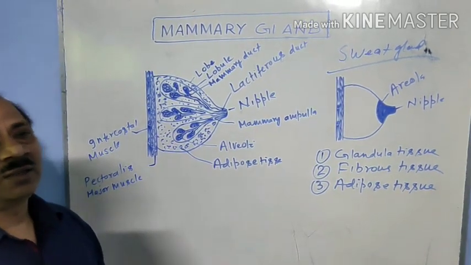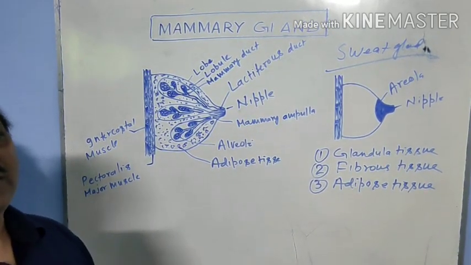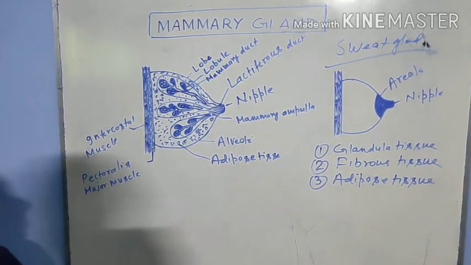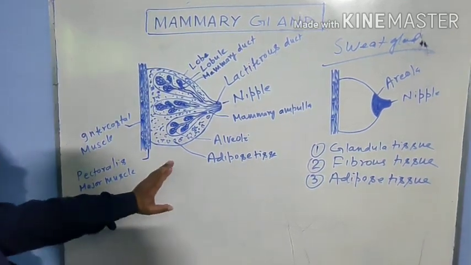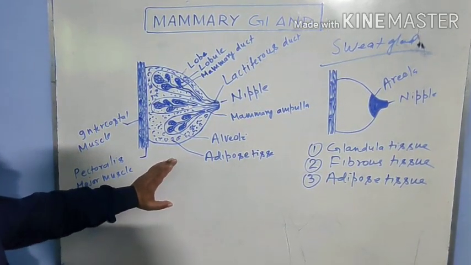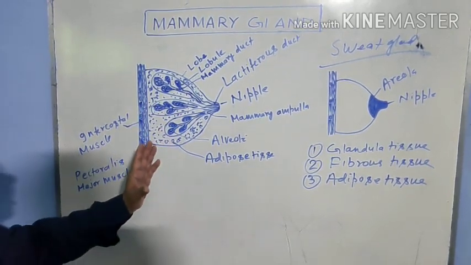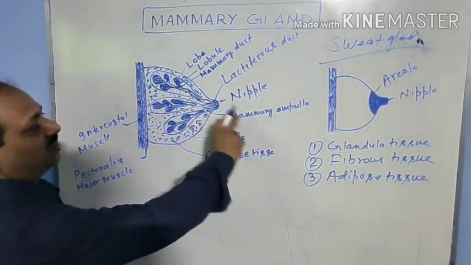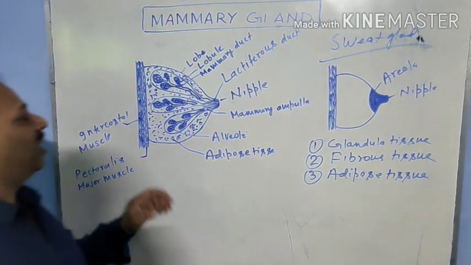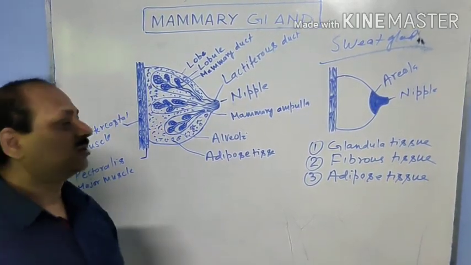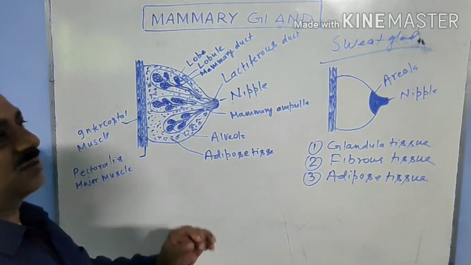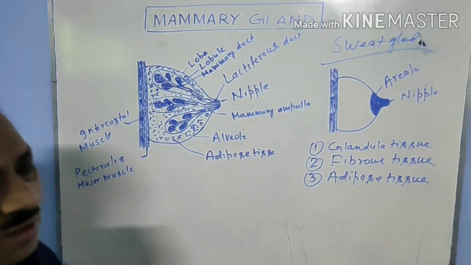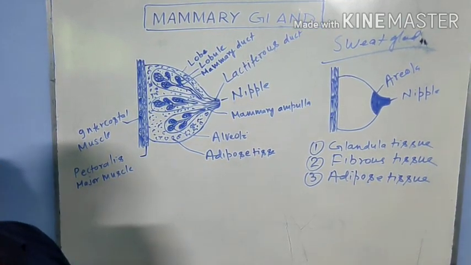Mammary gland in female is meant to nourish the infants, their offspring. Mammary gland is a large glandular structure. It contains a projection known as nipple, and nipple contains minute pores through which milk is ejected after birth of child to nourish the child.